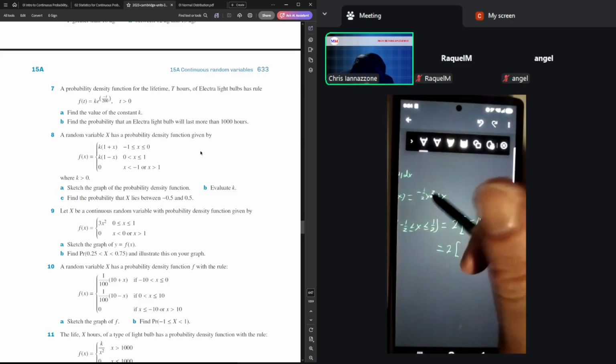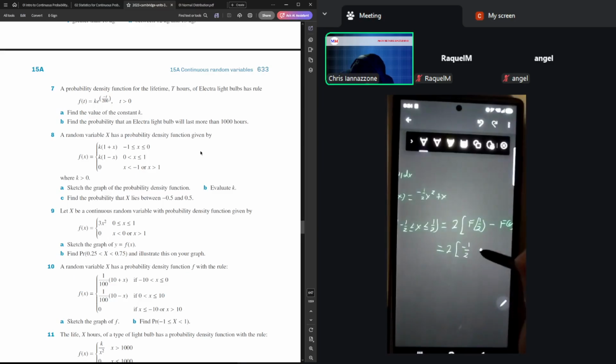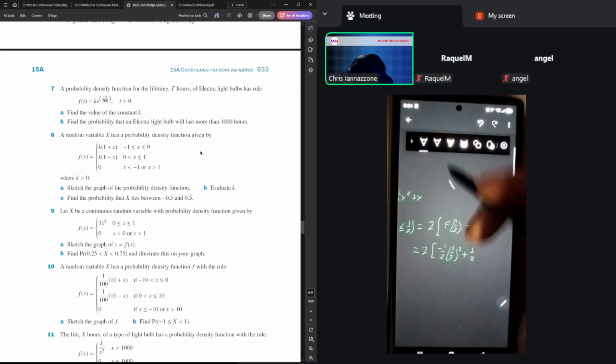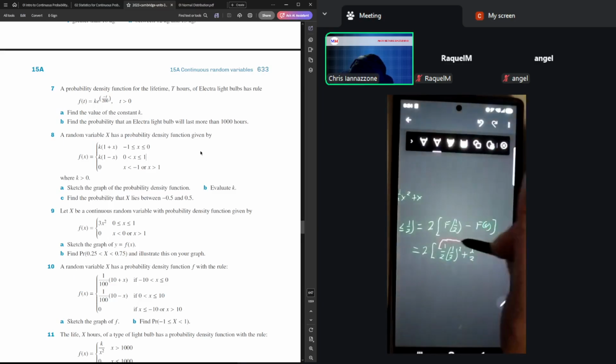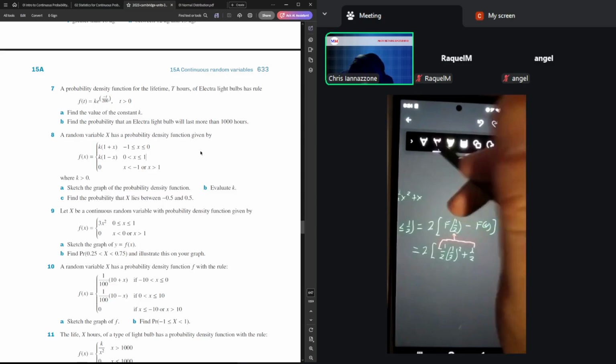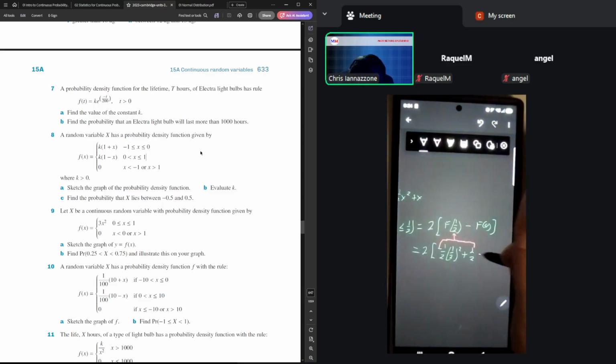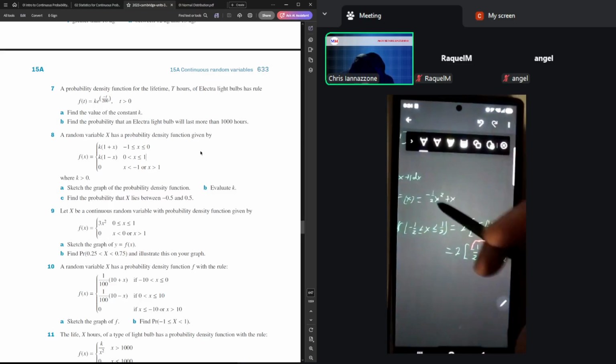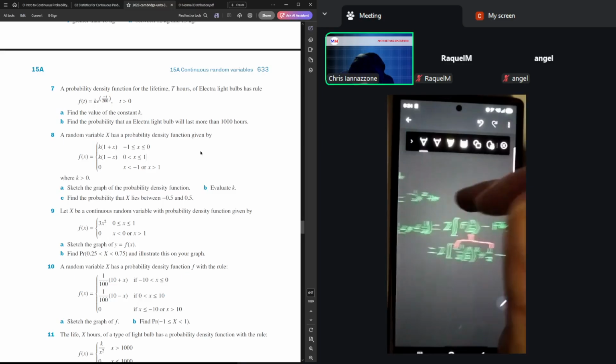Okay, so we're going to have minus half and then half squared plus half. That's this bit. And then minus capital F0. Put a 0 there, put a 0 there. It'll go to 0.